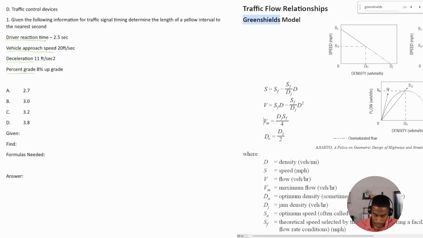Okay, what are we trying to find? We're trying to find the length of a yellow interval.